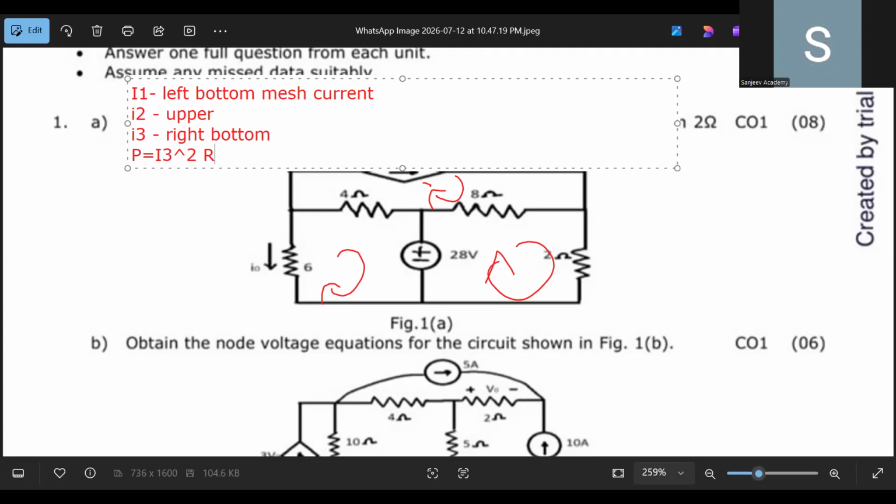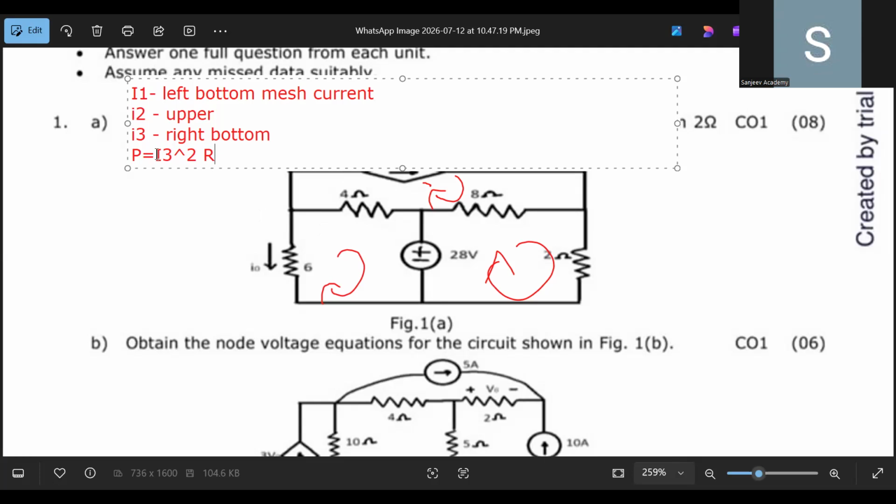Once I3 is found, directly we can do it. So that is the logic. If this part is done, at least 50% of our problem is solved.